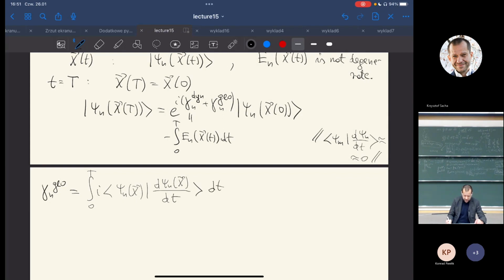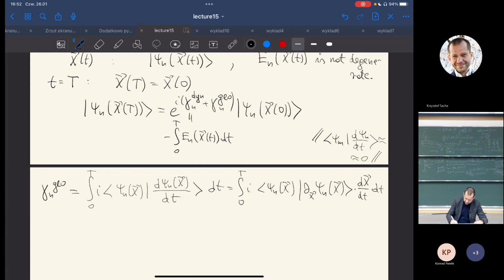And the integration over time. So what we can do, we can actually perform the time derivative of the state by first calculating the gradient over the system parameters, and then calculating the derivative of the parameters with respect to time.